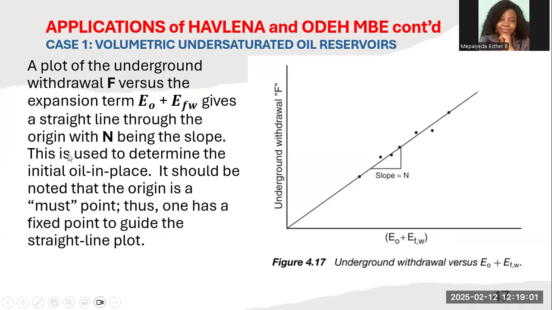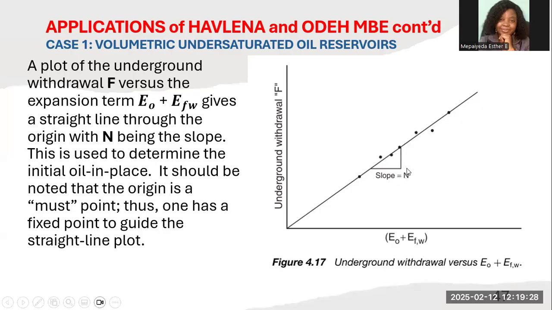Okay, so your N will be your slope because it is y equals mx plus c. So your F equals N into EO plus EFW. Don't forget. So you plot F against your EO plus EFW. That's what you have here on this plot. And then your slope will be your N, which is your initial oil in place.